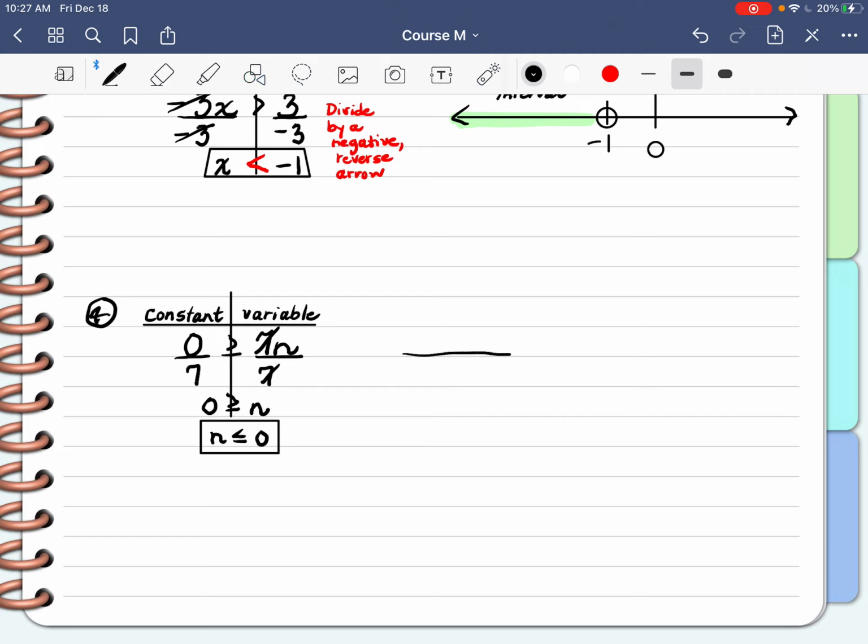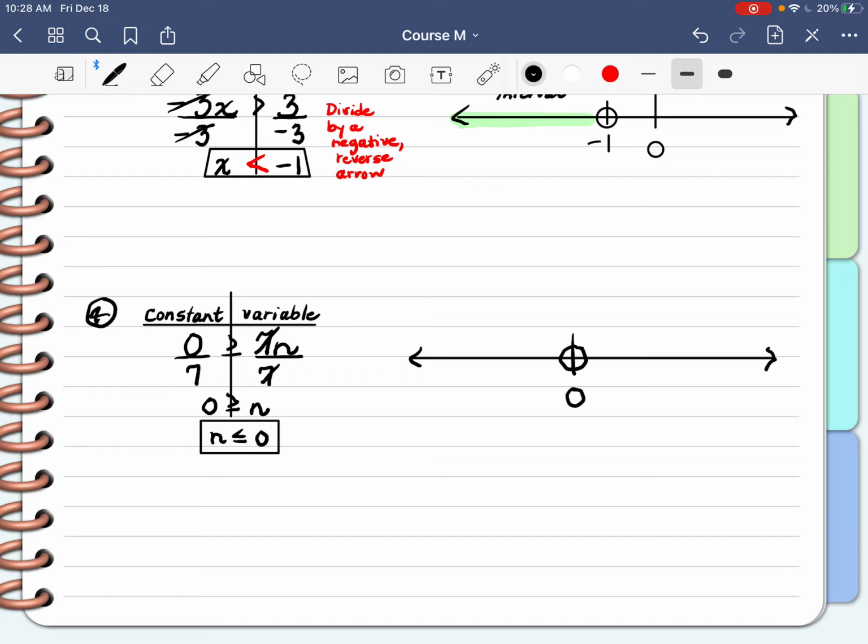Okay, so let's graph. We start with a number line. That's not a very straight line, is it? And let's put the arrows to show that it's endless. I like to see 0 as a reference point, but this time 0 is the solution point. So we're going to draw our circle at 0.